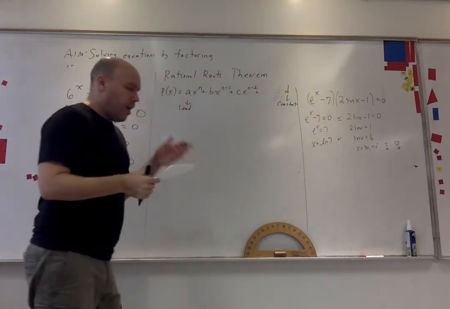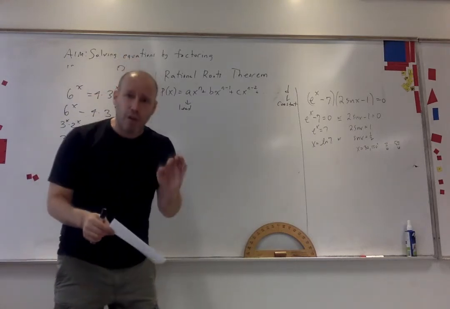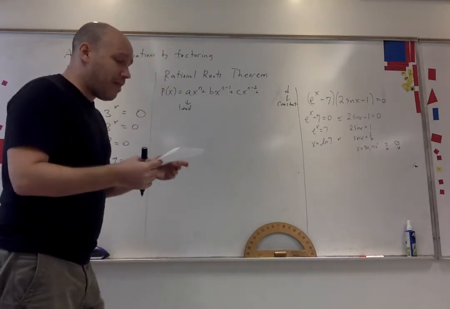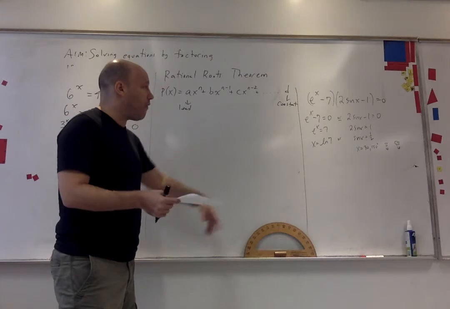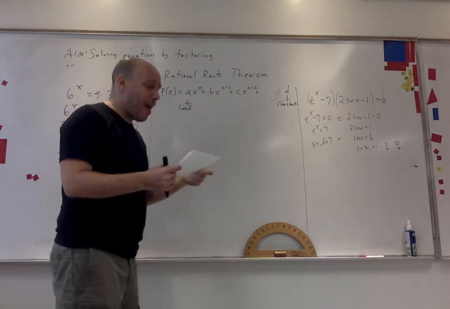Okay? If there are rational roots, and there might not be, but if there are any rational roots, then they're going to be in the ratio of a factor of d over a factor of the lead.